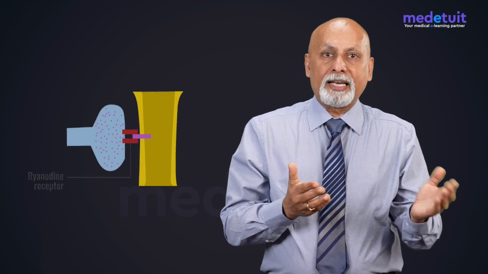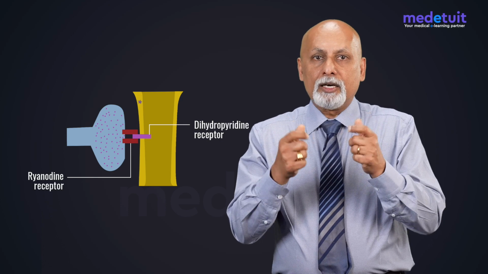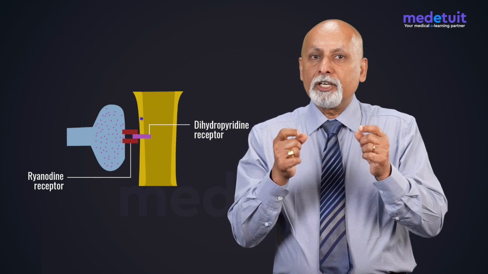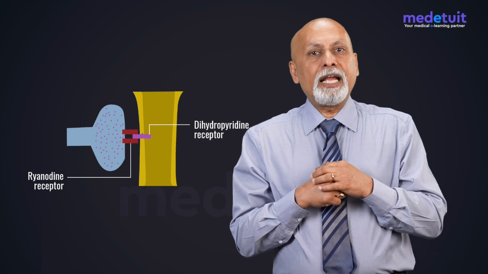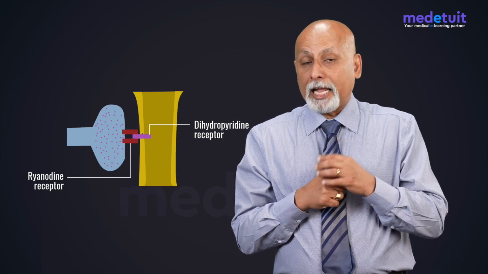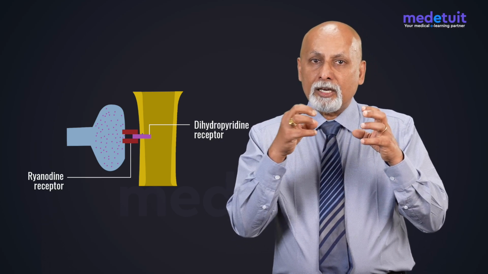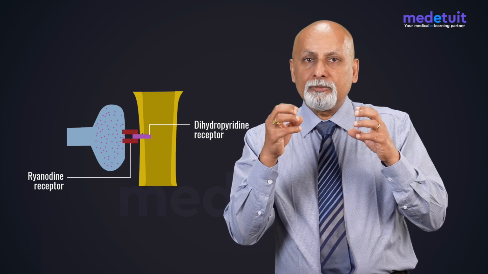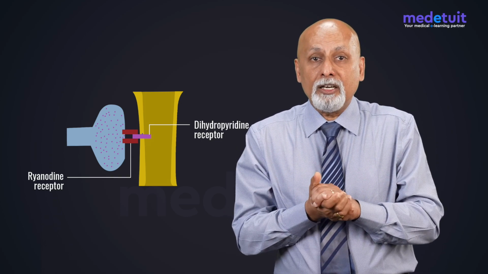As you see there in the animation, this action potential triggers the activation of a particular protein or receptor. We call it the dihydropyridine receptor. Can you identify that structure there? Yes, it is interlinked with another calcium channel in the terminal cistern. What is the name of that calcium channel?